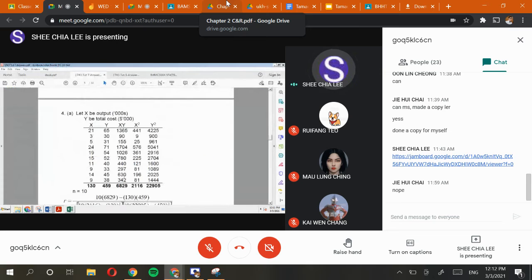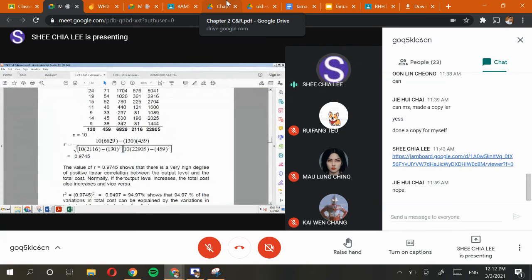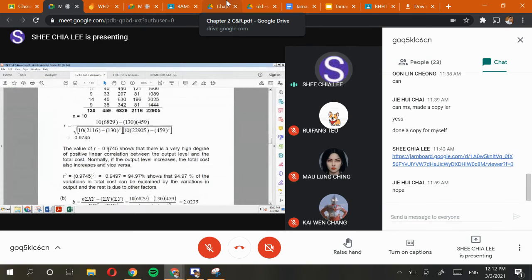Question 4. You comment: the value of R equals 0.9745 shows that there is a very high, also because it is 0.9, a very high degree of positive linear correlation between the output level and the total cost. Normally, if the output level increases, the total cost also increases and vice versa.